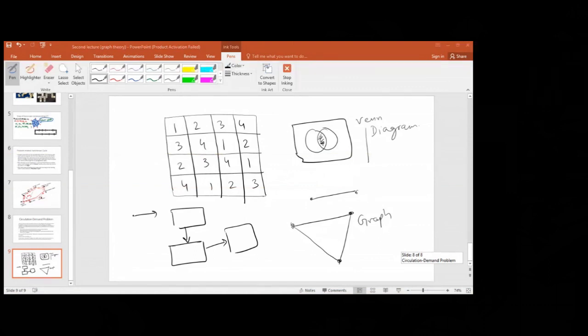This is a graph where we can make relations, connections. Here is a Venn diagram where there are also relations and connections. For example, A intersection B is the common area. A union B is also a relation.